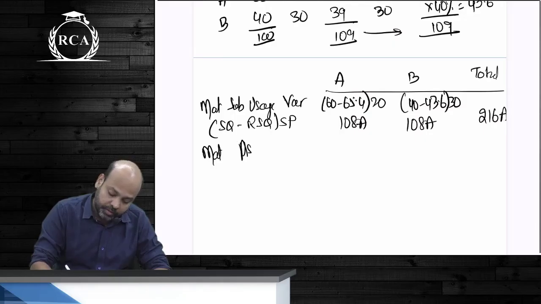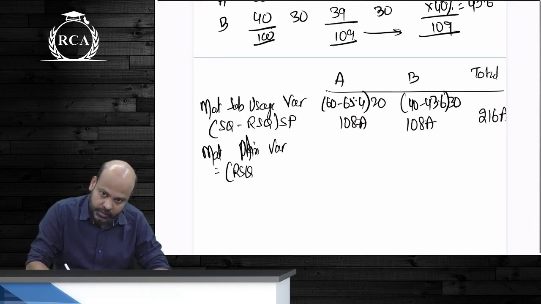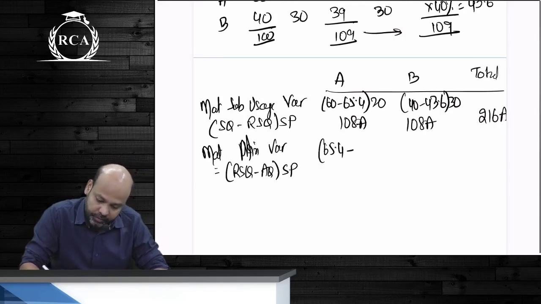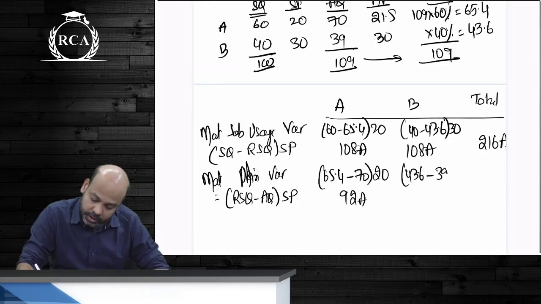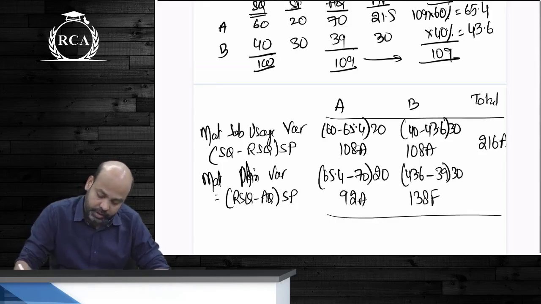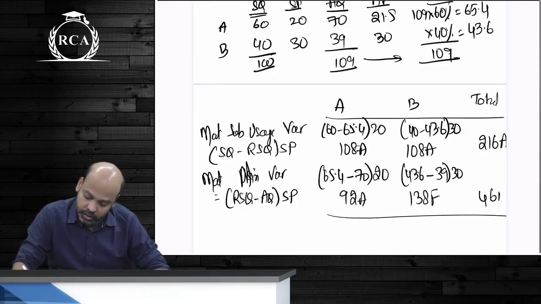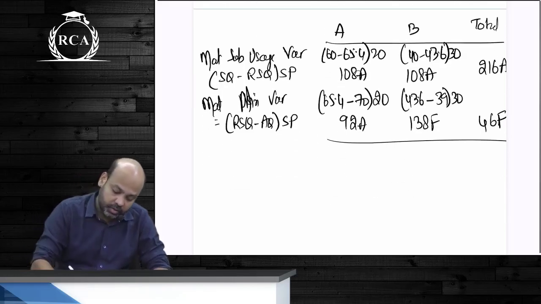Material mix variance: RSQ minus AQ multiplied by SP. 65.4 minus 70 multiplied by 20, 92 adverse. Here 43.6 minus 39 into 30, 138 favorable, total 46 favorable.